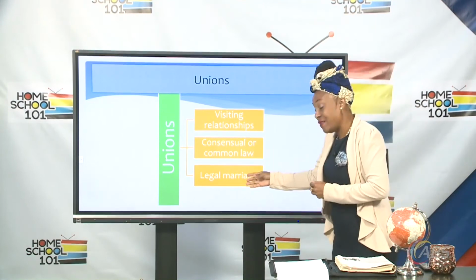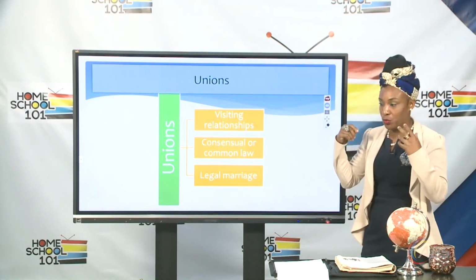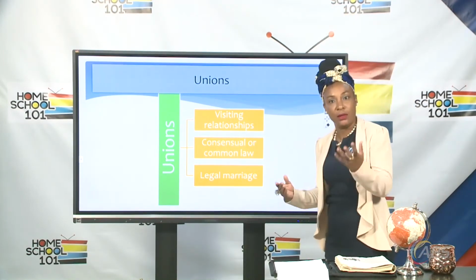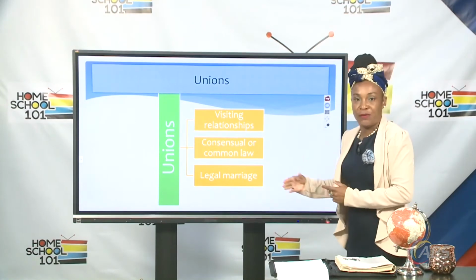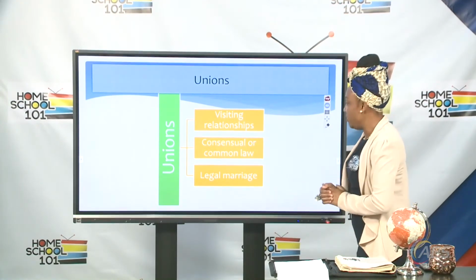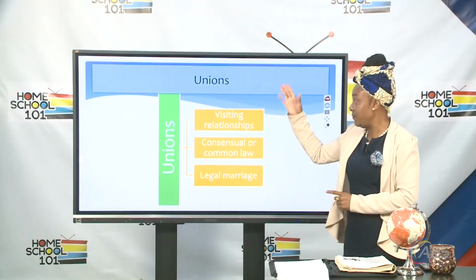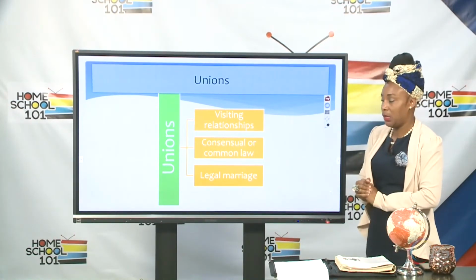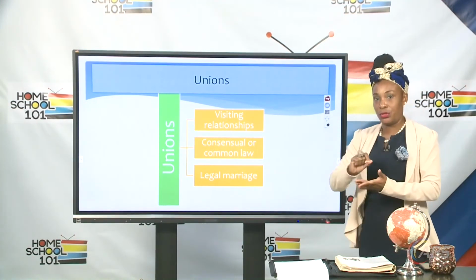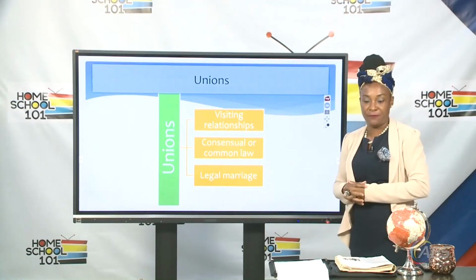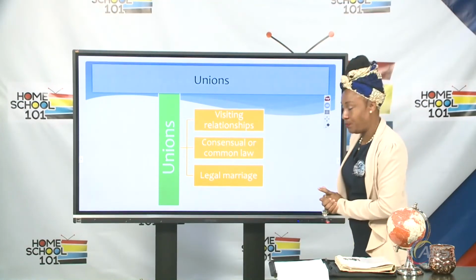And then, of course, now you have the legal marriage, where they have to go to the courts and all of that. This is quite prevalent in our society also. Legal marriage and consensual or common law. So these are the different types of union. Students, I hope that you have an opportunity to jot down a little note, so later on you have that to go back to.